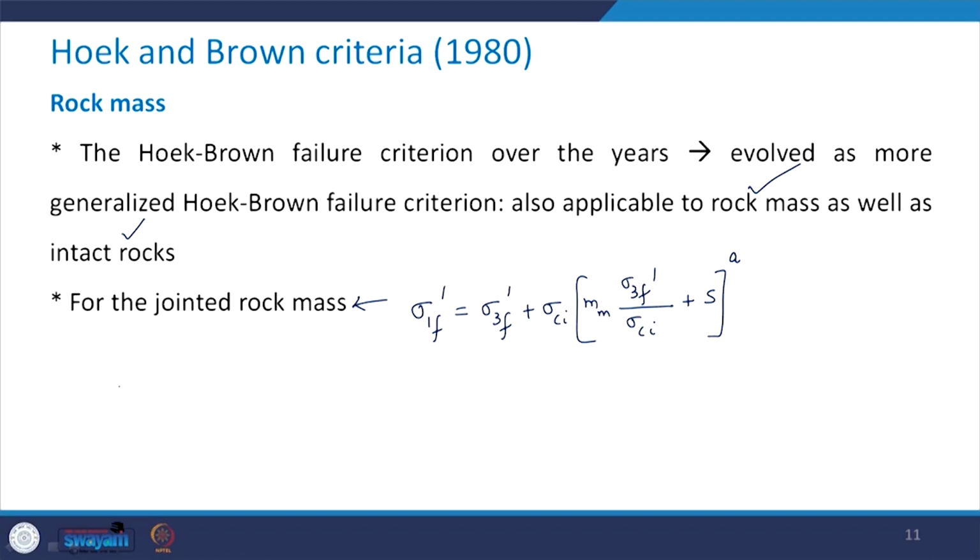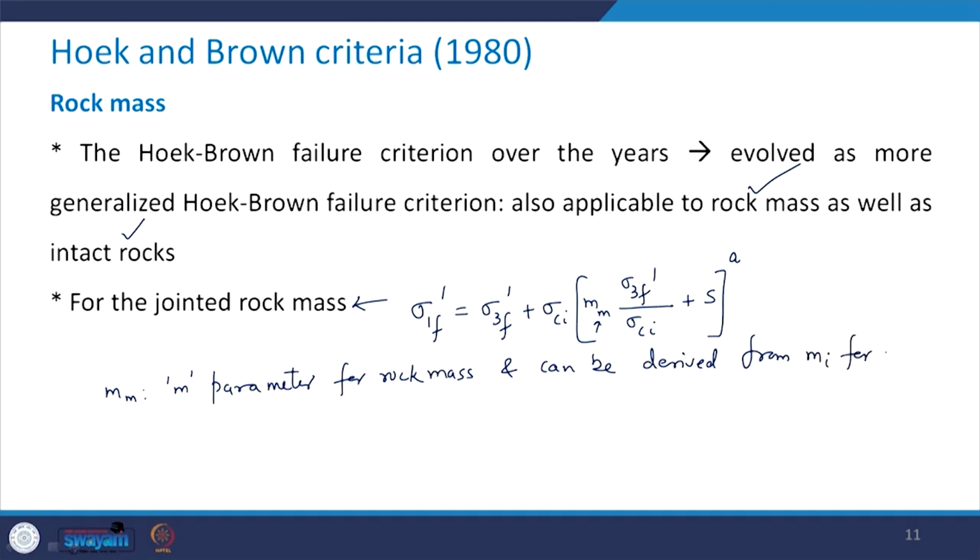Now, here this parameter m_b is nothing but the m parameter which we had in case of the intact rock, but for the rock mass. Because it is for rock mass, this subscript has been added, and this can be derived from mi, which is for intact rock.